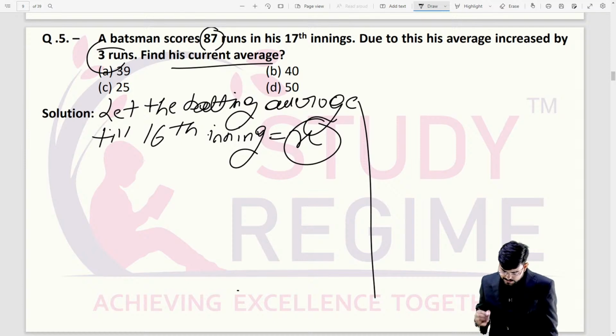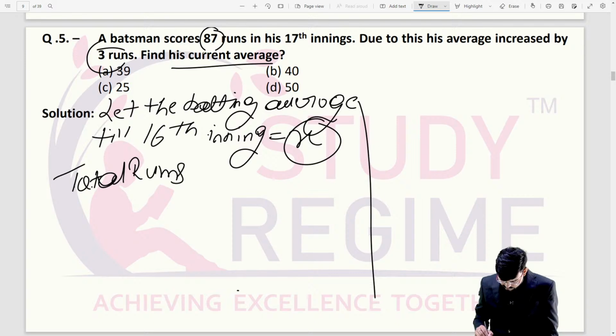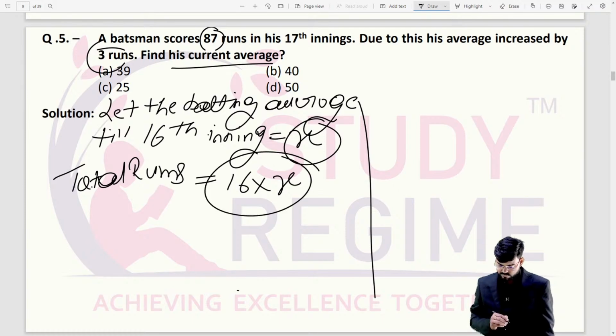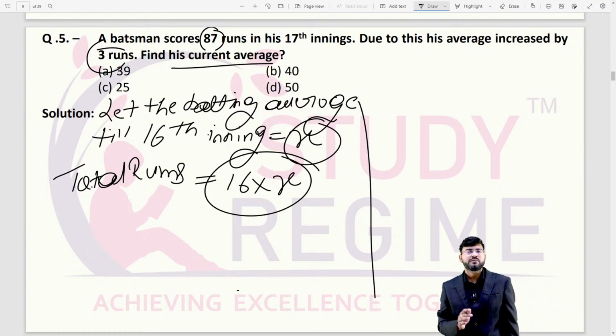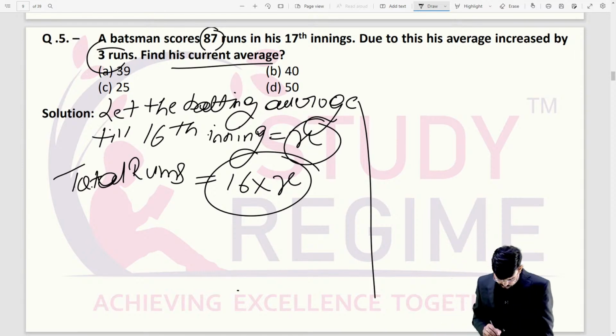So till the 16th inning, how many runs would he have made? Total runs will be 16 into X. Clear? These were the runs made by the batsman before the 17th inning. Now, after making 87 runs, the average increased by 3 runs.